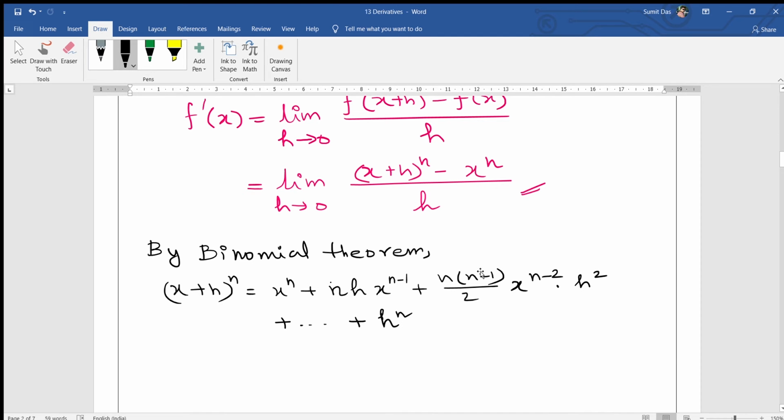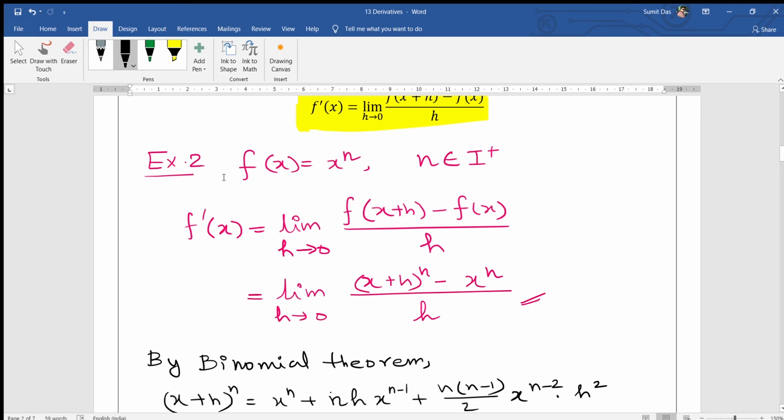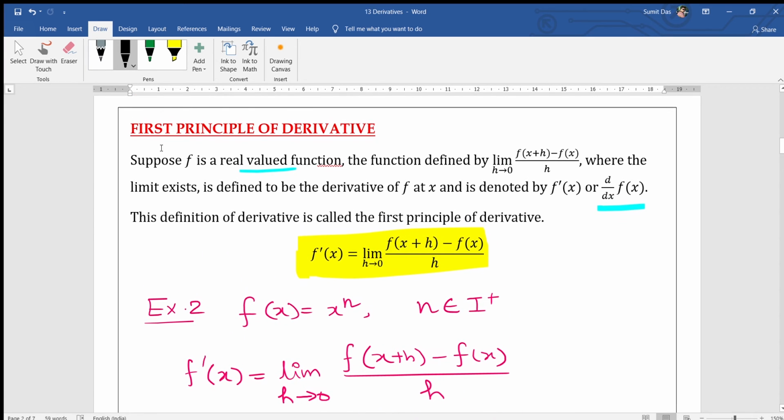Okay, explain again means which part: this example two or the principle? Which one do you need explained again? The second one, the problems or the theorem? Sorry, the principle. Which one?